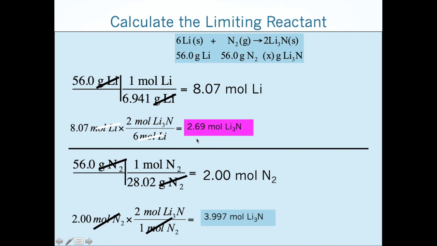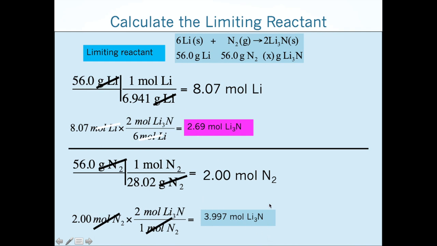Our lithium gives us 2.7 moles of lithium nitride. Our nitrogen gives us 4 moles of lithium nitride. And remember, it's the smaller answer that's the correct one. So that tells us that lithium is our limiting reactant or limiting reagent. And therefore, we have to use this answer when proceeding with the problem.